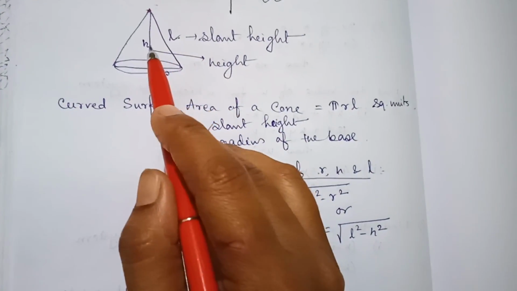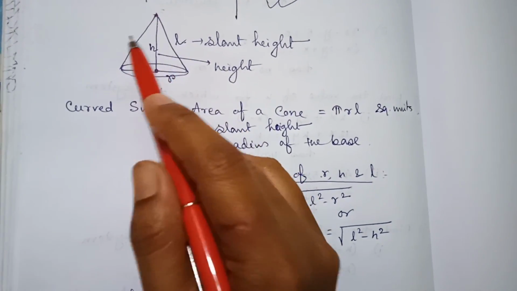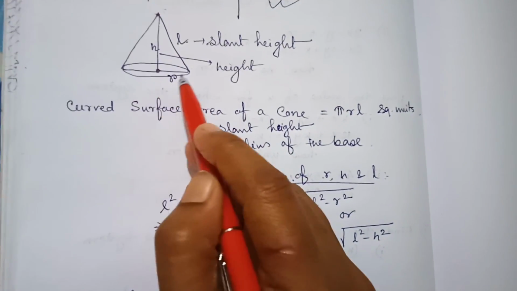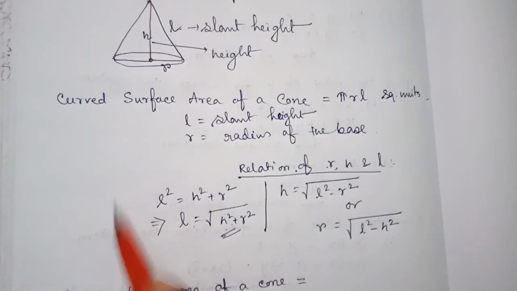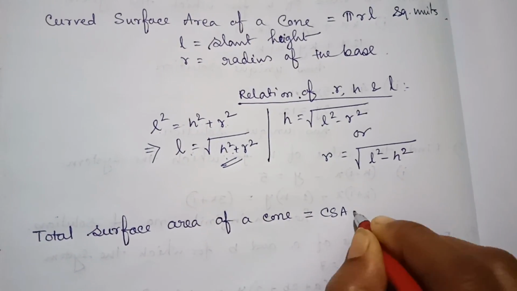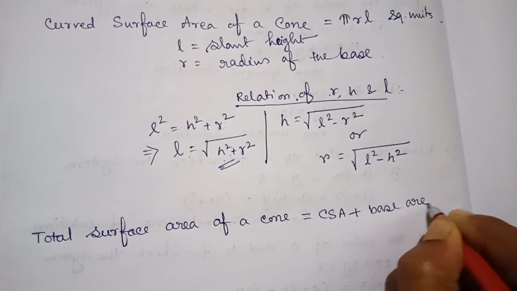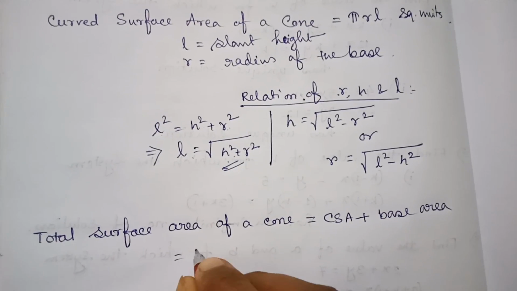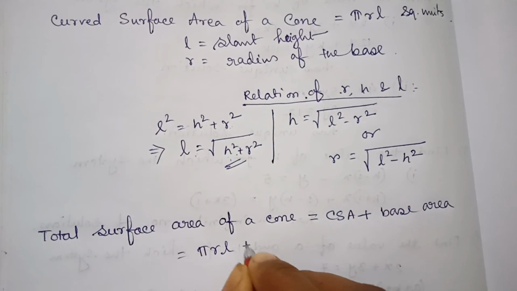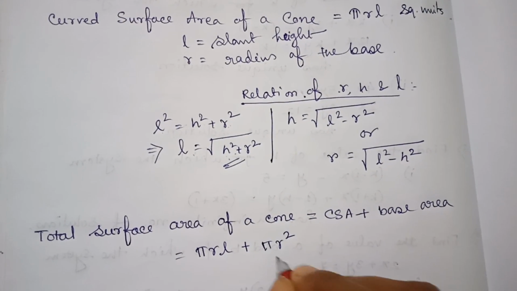Now curved surface means this rounded part. Total surface means curved surface plus the base, this base. So total surface area of the cone is CSA, curved surface area, plus base area. Now CSA means pi r l and base area means pi r square, because this is a circular base.